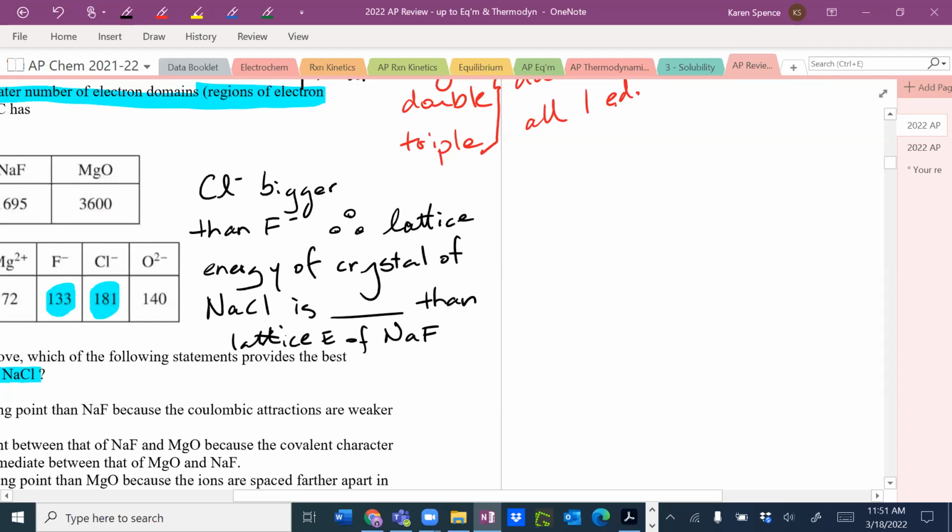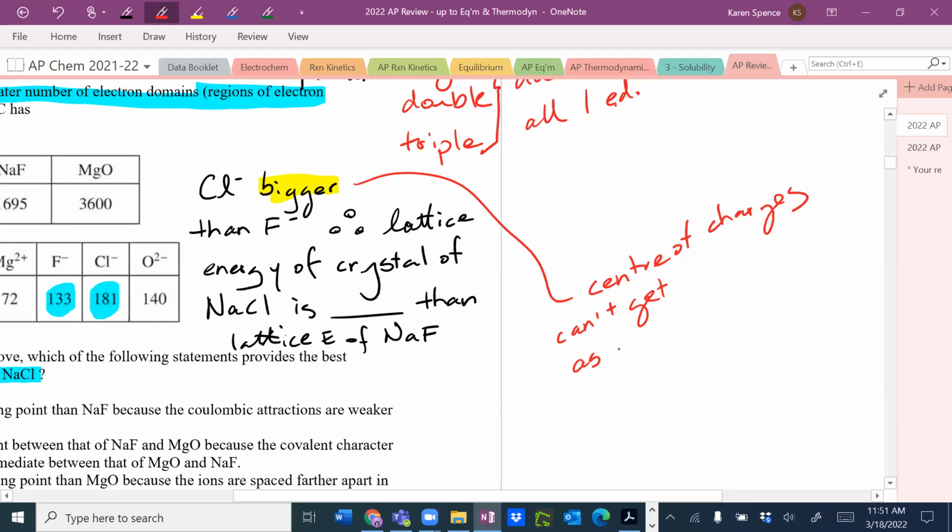Less tightly, because if it's bigger, they can't get as close. Well, it's not that they can't get as close, it's just they can't be as tight to one another, right? The centers of the charges can't get as close.